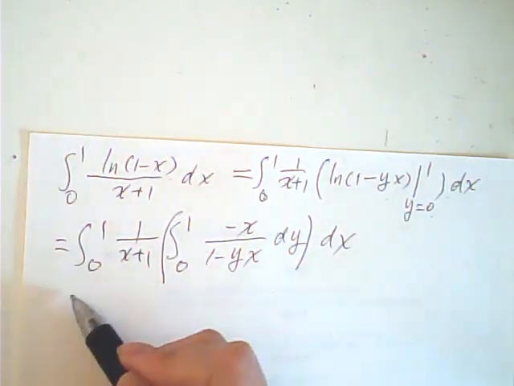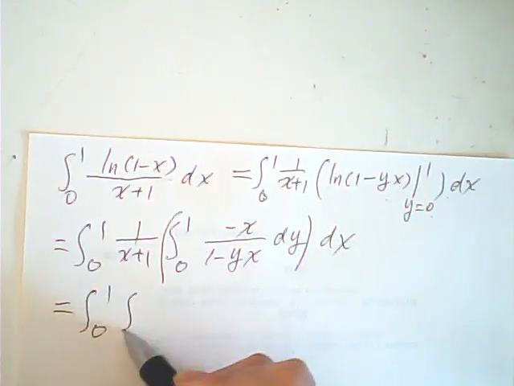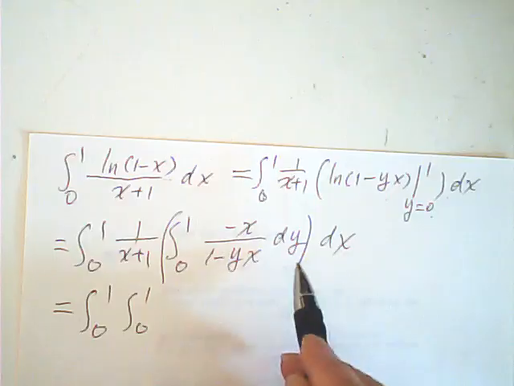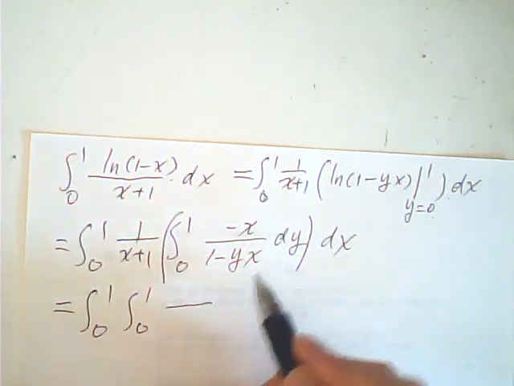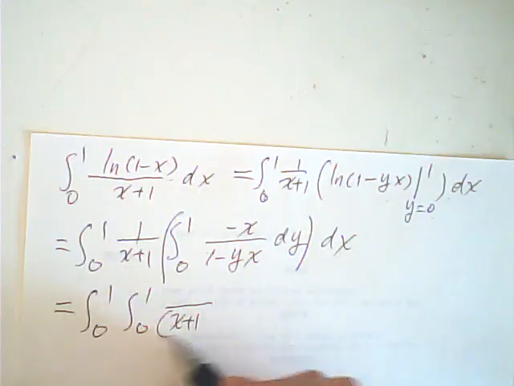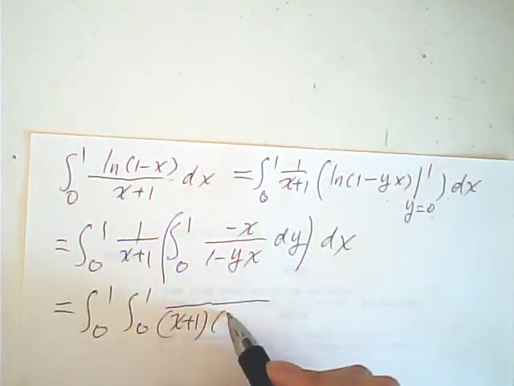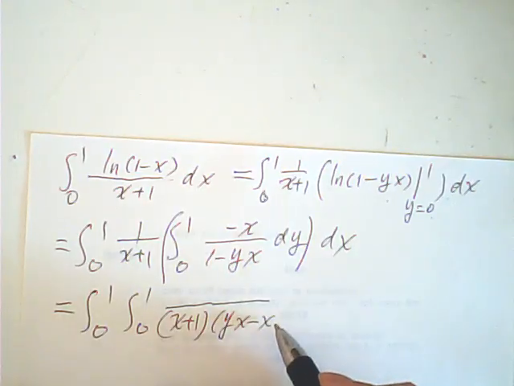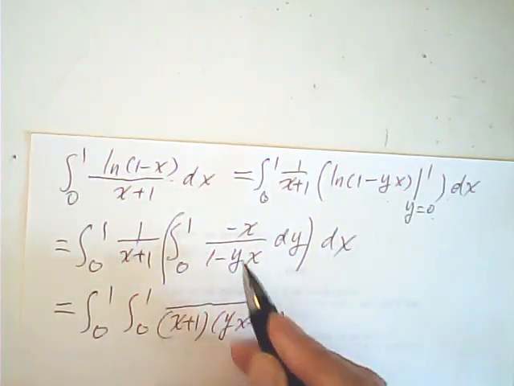Then this one equals 0 to 1 and 0 to 1. It's a double integral, so we can switch the order. I first change this one, negative, by switching the order. Sorry, it's a positive.